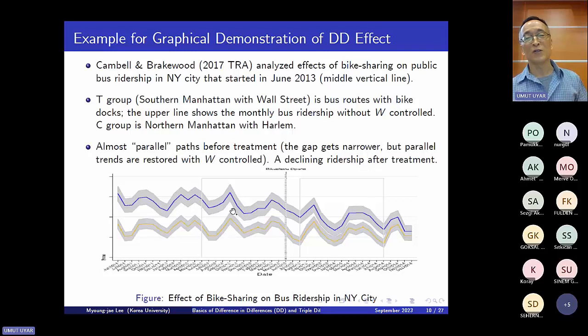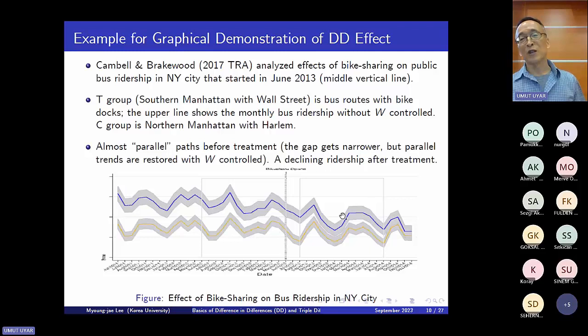If this vertical difference is constant over time, then you say parallel trends hold. And you can see parallel trends seems to hold. However, near this treatment timing, the gap seems to be narrowing down a little. But anyway, if you assume the vertical distance is maintained.